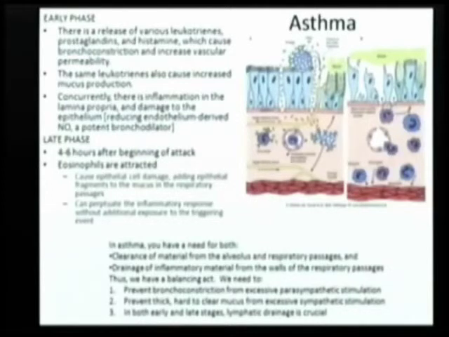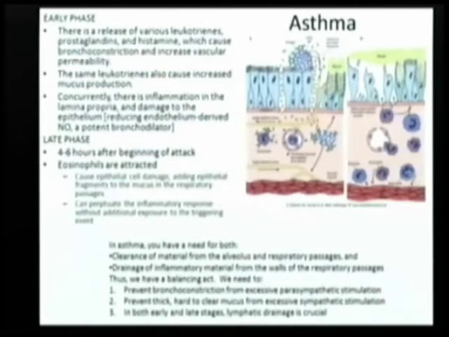And so the danger is that with asthma, if the parasympathetics are hyperstimulating, you have both the bronchoconstriction from the leukotrienes and you have bronchoconstriction from parasympathetics, and this can be a big problem. These same leukotrienes also cause increased mucus production. So if you have this effect going on and you have excess sympathetic stimulation to the lung, now you get a large amount of mucus, and in fact the mucus plug is a very big problem in asthmatic patients.